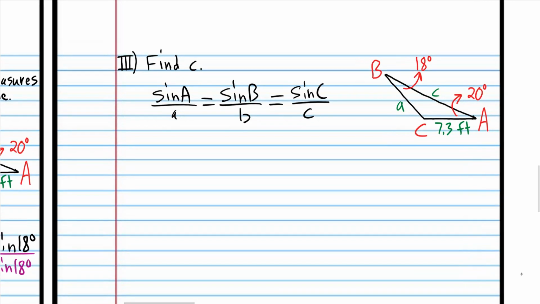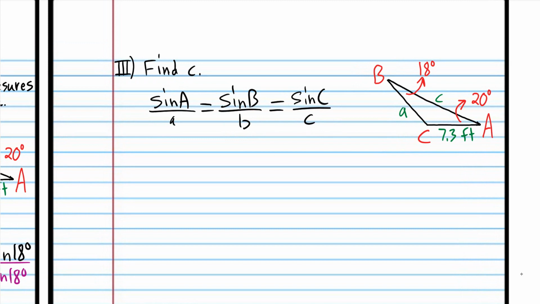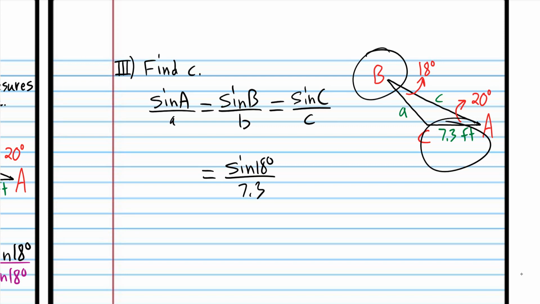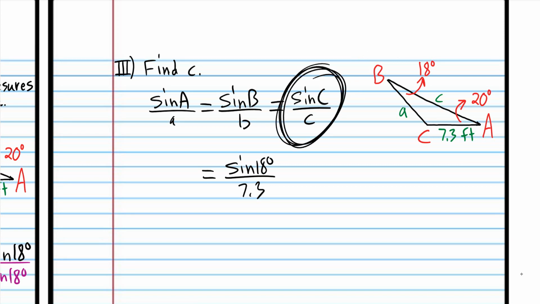Now remember, we were given sine B over B. Capital B is 18 degrees, and lowercase b is 7.3. That's this angle, the sine of that angle divided by the length of the opposite side. But now we're looking for lowercase c, so we need to use this ratio.